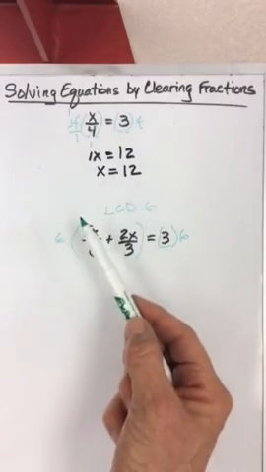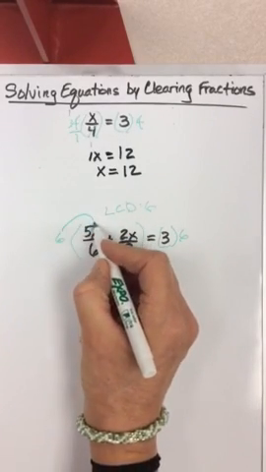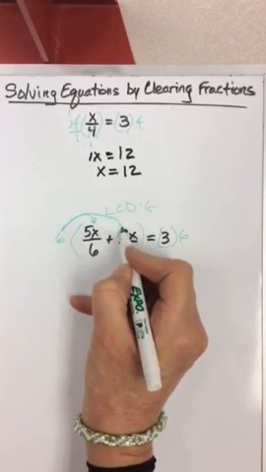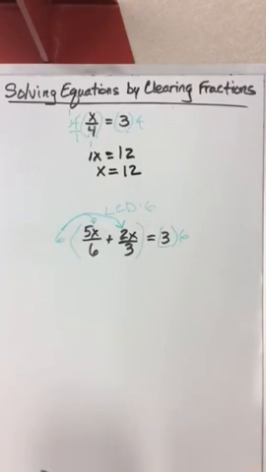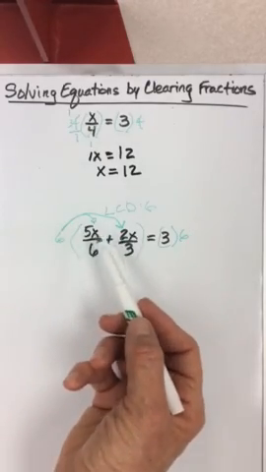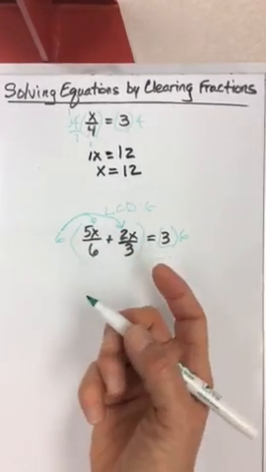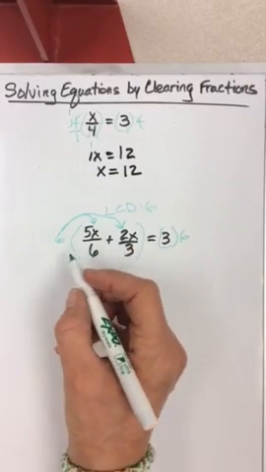Now we have a property when we have a number outside a parenthesis called the distributive property, where I can multiply this 6 by both terms, and let's see what happens. Remember, a term is anything that's separated by a plus sign or a minus sign, but we're going to make it plus and negative.